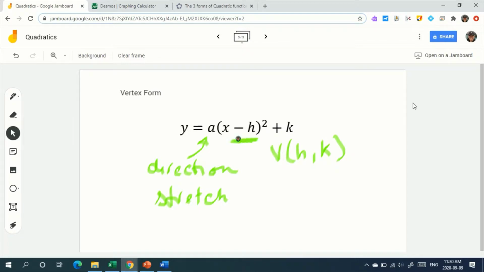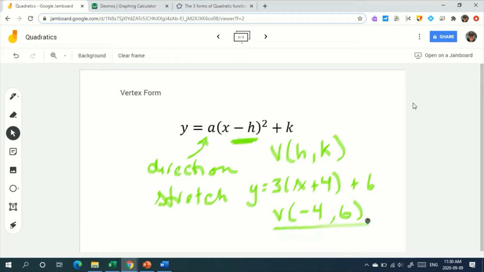So let's say we had the equation y equals 3(x plus 4) squared plus 6. Our vertex would be -4 and 6. So just a little bit of caution there, but this form, after we complete the square, gives us exactly what we need to know where the vertex is.